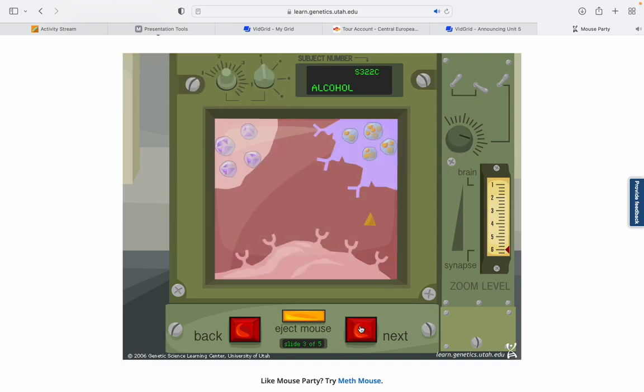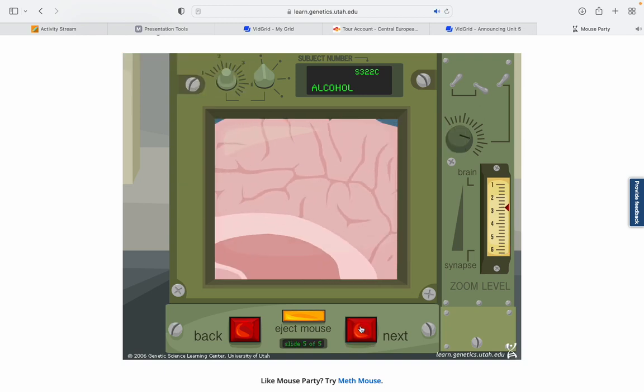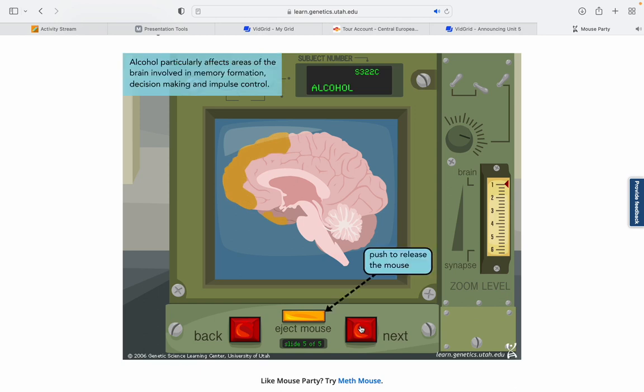When alcohol enters the brain, it delivers a double sedative punch. First, it interacts with GABA receptors to make them even more inhibitory. Second, it binds to glutamate receptors, preventing the glutamate from exciting the cell. Alcohol particularly affects areas of the brain involved in memory formation, decision-making, and impulse control.